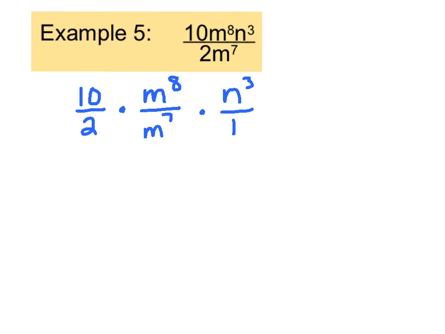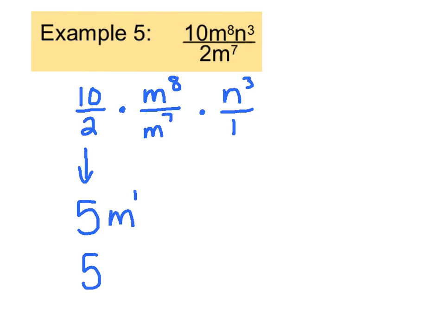Okay, now I'm simply going to divide my numerical part. 10 divided by 2 gives me 5. Using my quotient rule, I'm going to divide my m to the 8th divided by m to the 7th. Remember, that means we'll subtract our exponents. 8 minus 7 gives me m to the 1st.